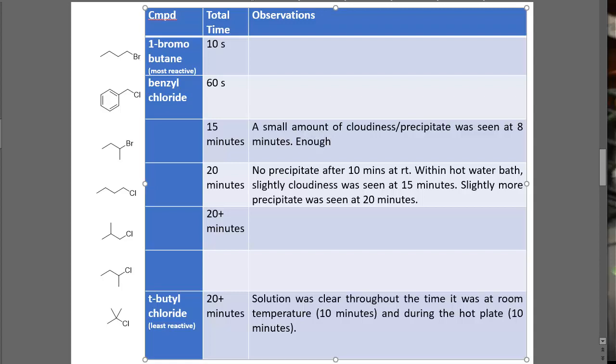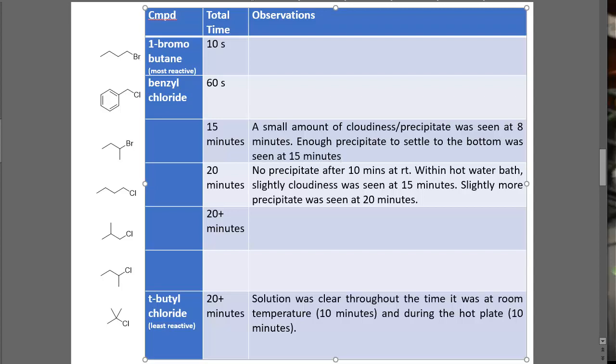And then enough precipitate to settle to the bottom was seen at about 15 minutes.